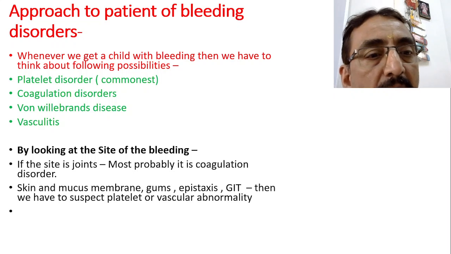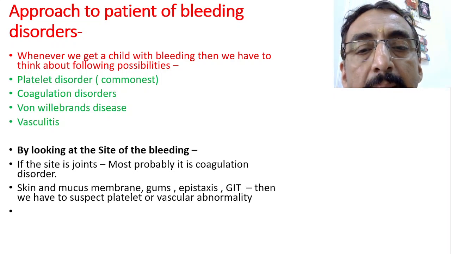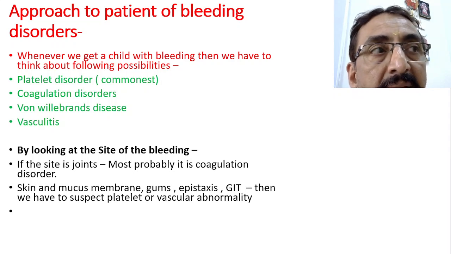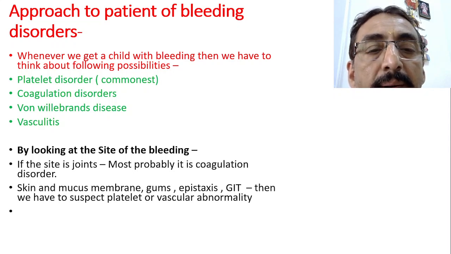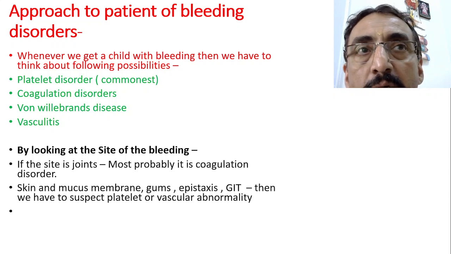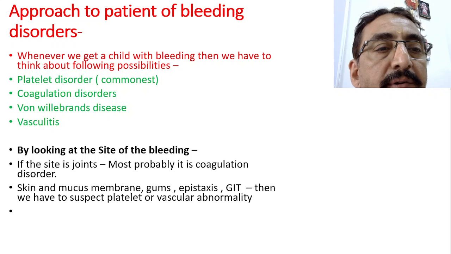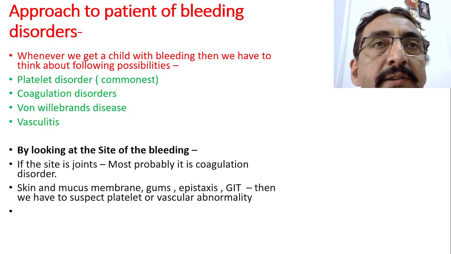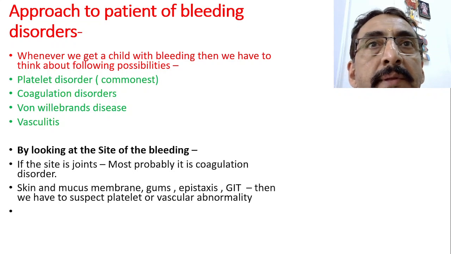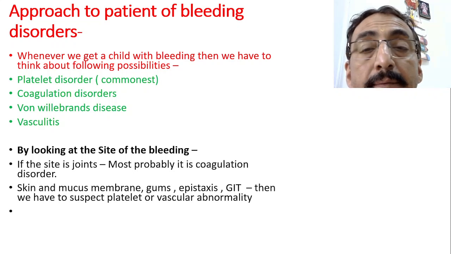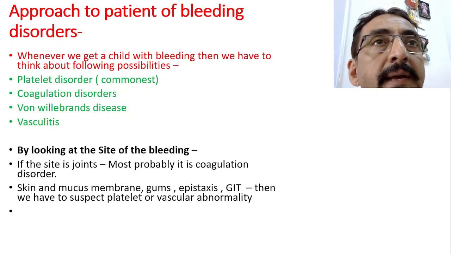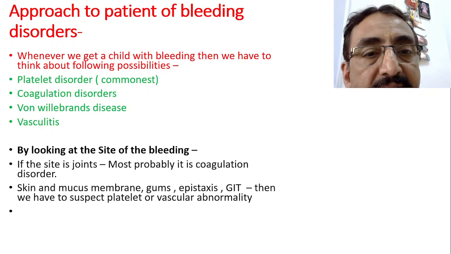If the bleeding is going on in the skin, mucous membrane, gums, epistaxis or GIT, then we have to suspect platelet problems or some vascular abnormalities, maybe vasculitis. Therefore, in case of clotting disorders, we always have to look into the pressure point areas like the knee joint, elbow joint, shoulder joint or hip joint, where there will be collection of blood in the form of hemarthrosis, hematoma, etc.